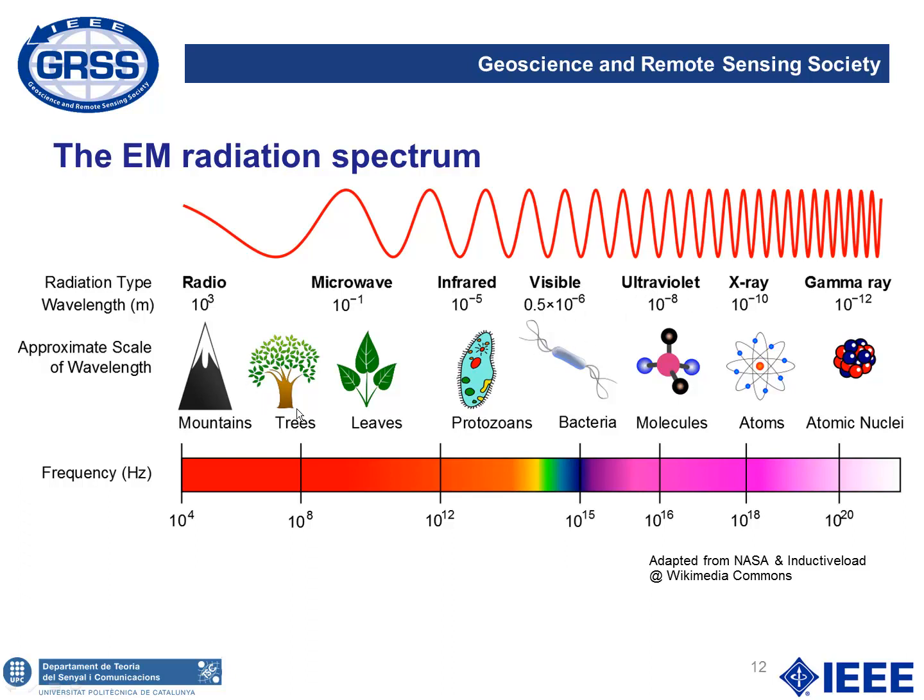And we have some icons here which are representative of objects with sizes comparable to the wavelength. For example, this means that if you want to be especially sensitive to a kind of object, you have to choose a wavelength which is in the order of the size of this object.